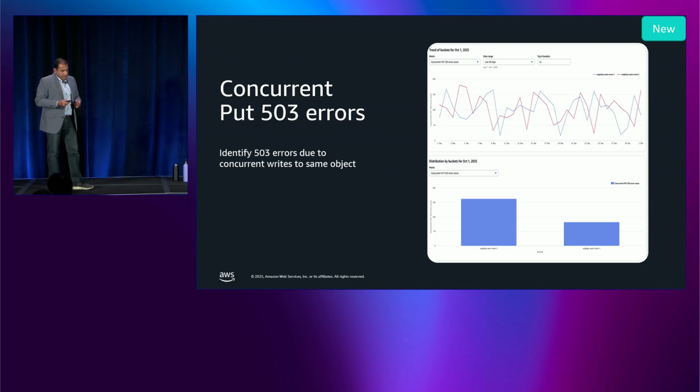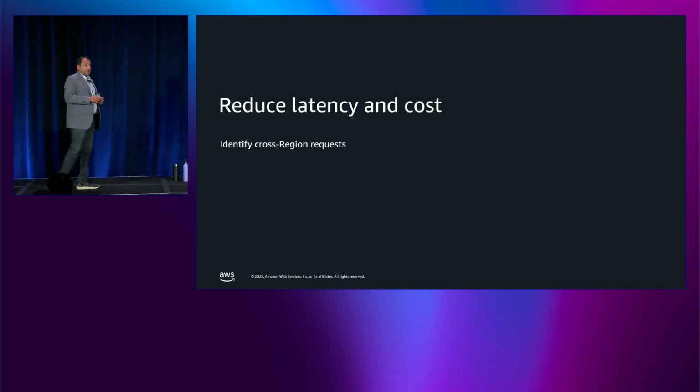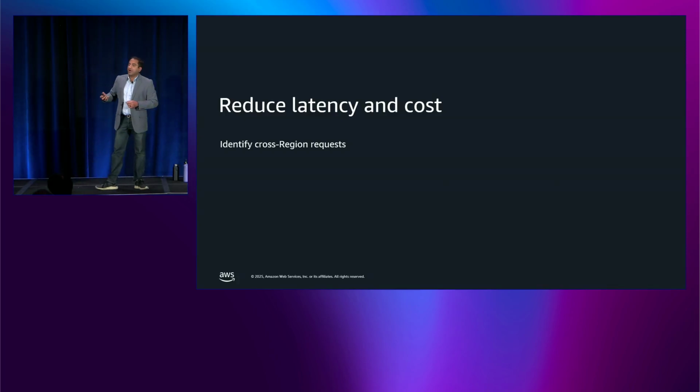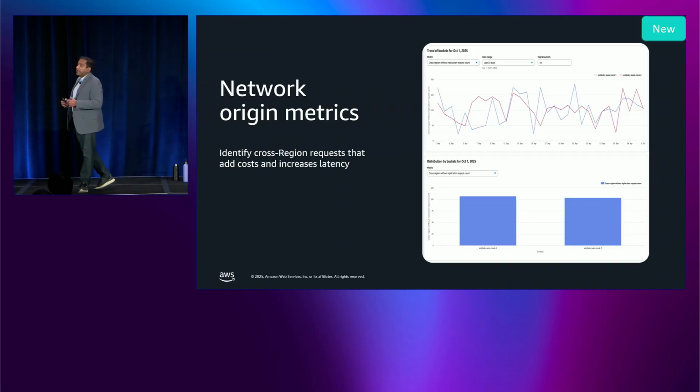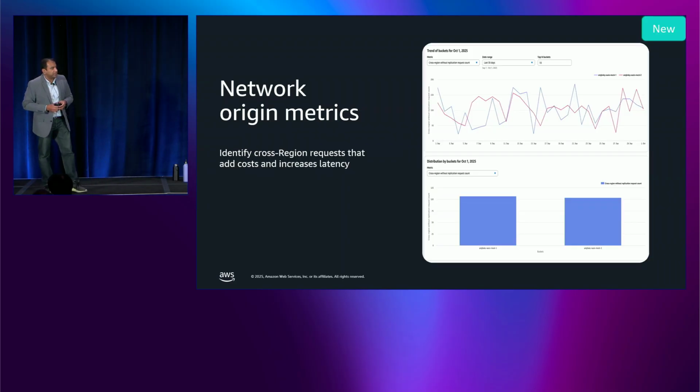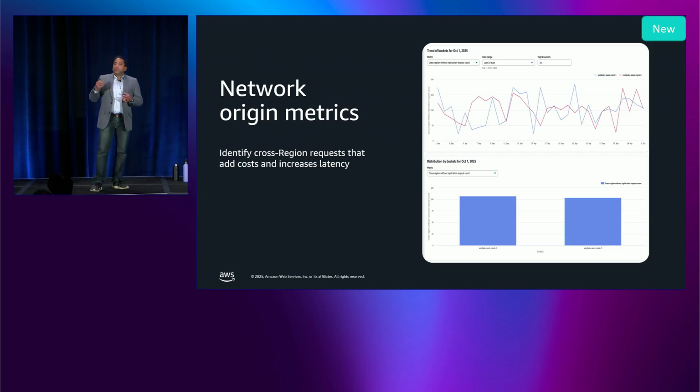The second category of metrics are directly addressing latency and costs, and these are what we call network origin metrics. So now you can see in Storage Lens what is the origin of the request coming into a prefix.